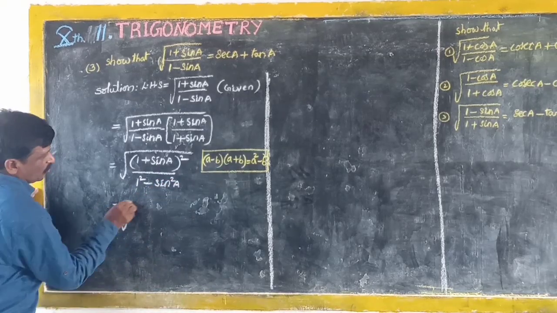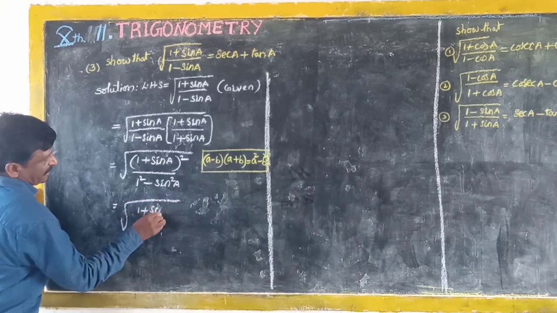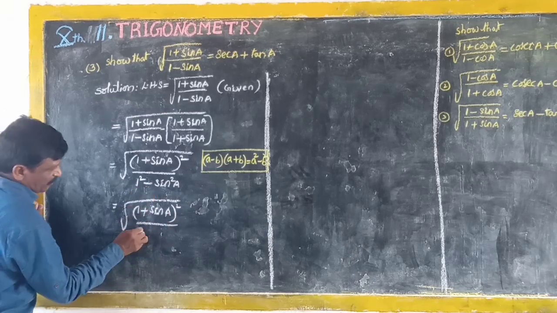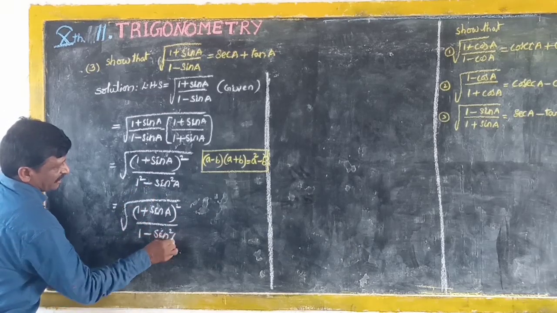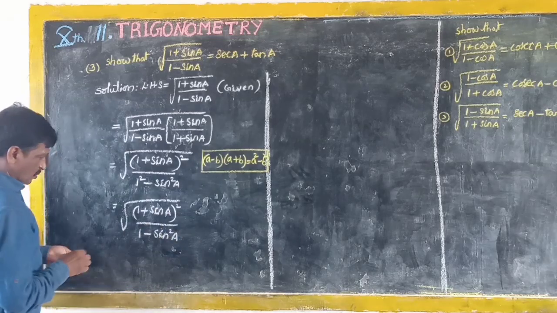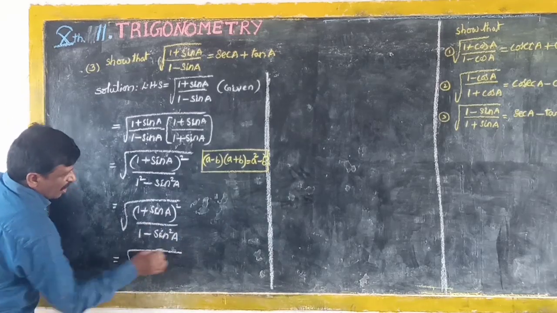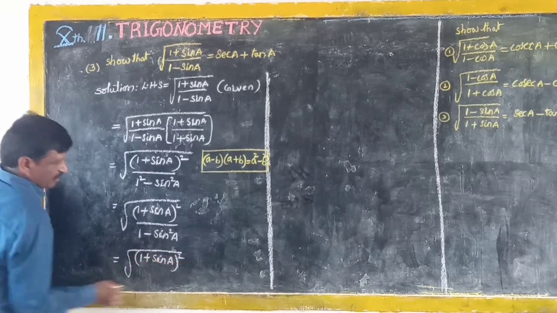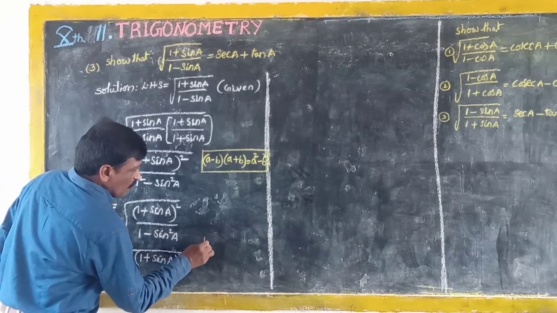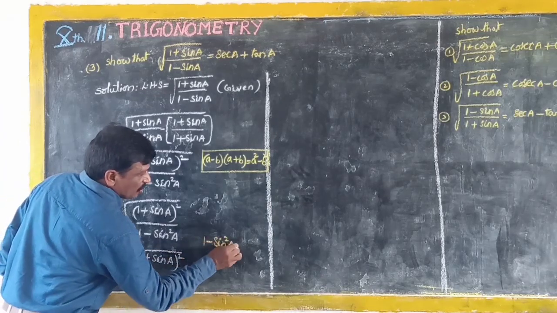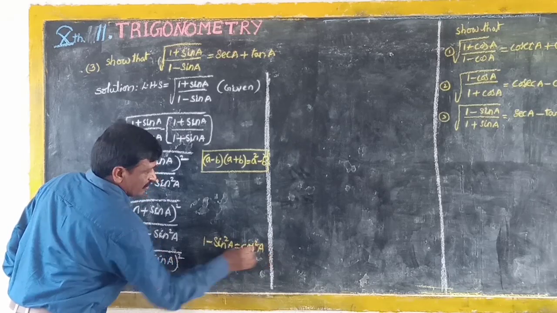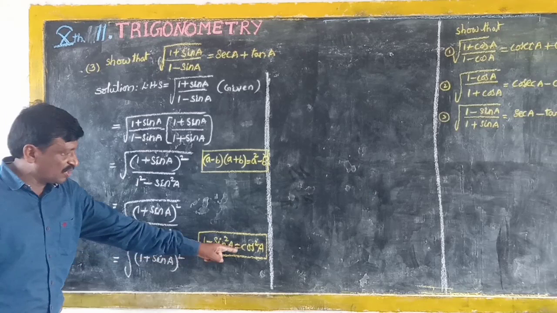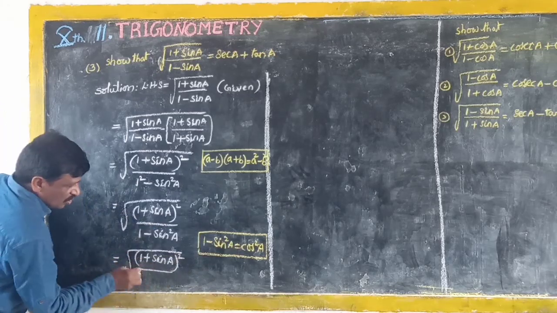So root of (1 plus sin a) whole square by (1 minus sin square a). Since 1 minus sin square a is equal to cos square a, we get cos square a.